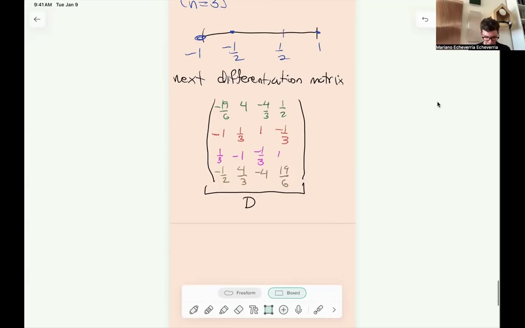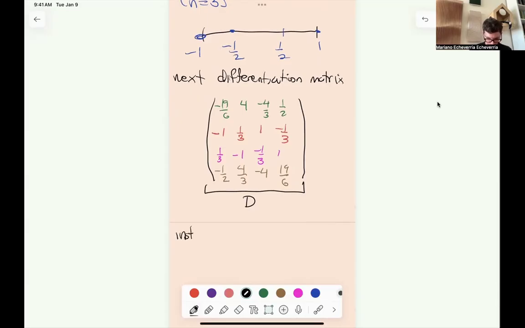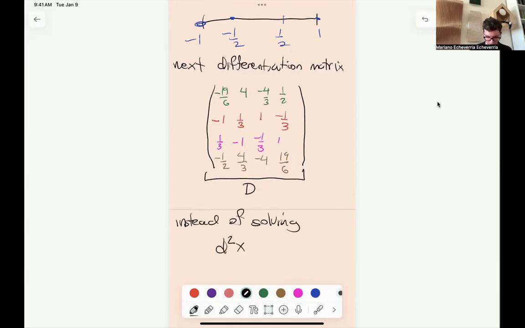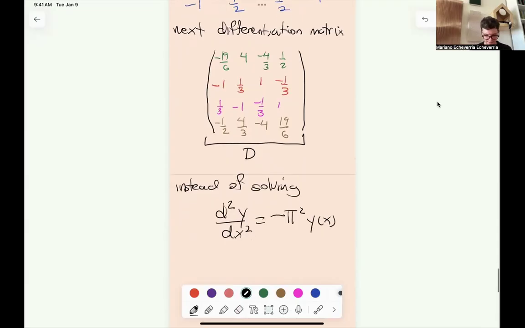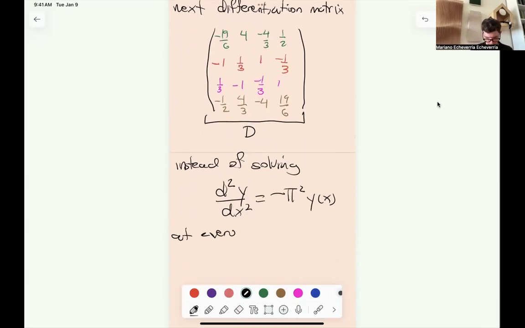Then you discretize the problem, you make it a finite problem.